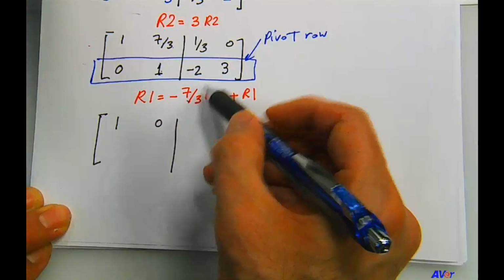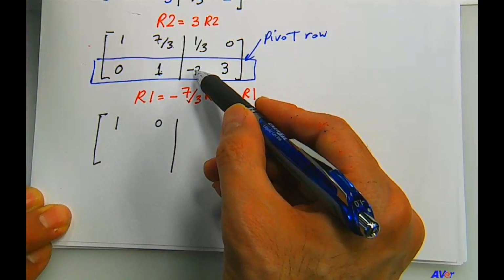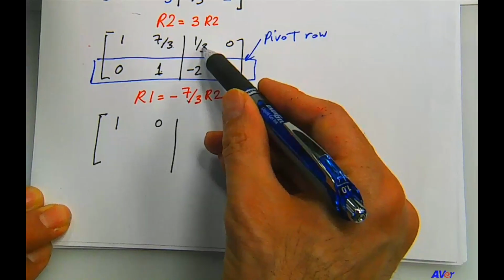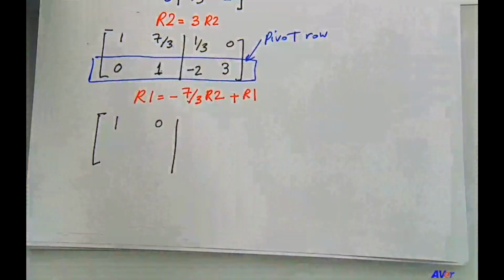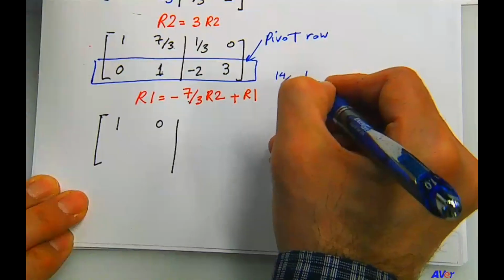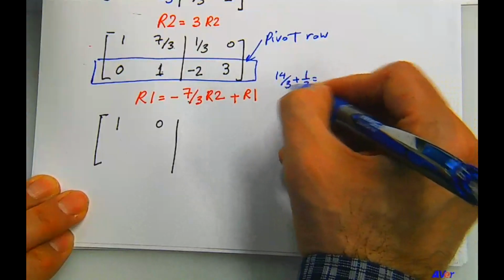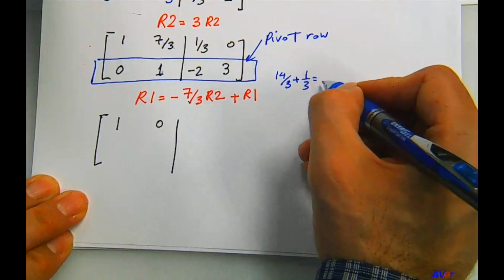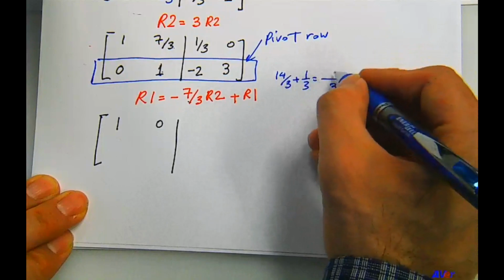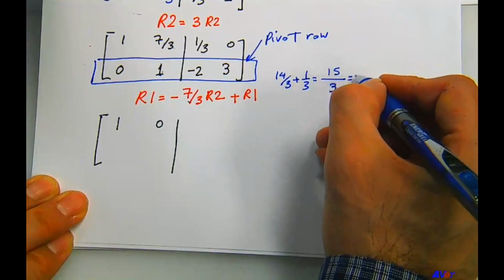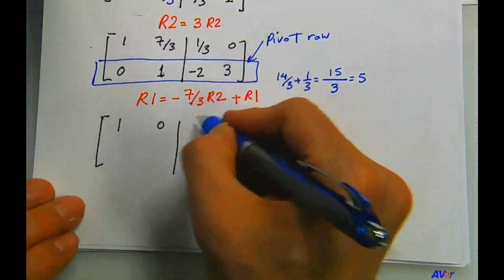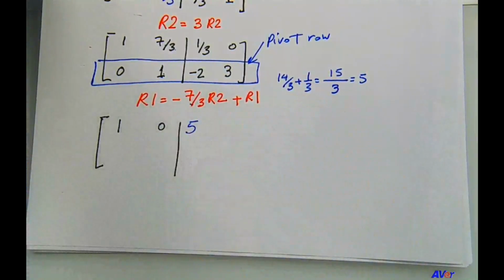Negative 7/3 times negative 2 is positive 14/3, plus 1/3. The denominators are already equal, so 14 plus 1 is 15, and 15/3 is 5. So we get 5 in this spot.